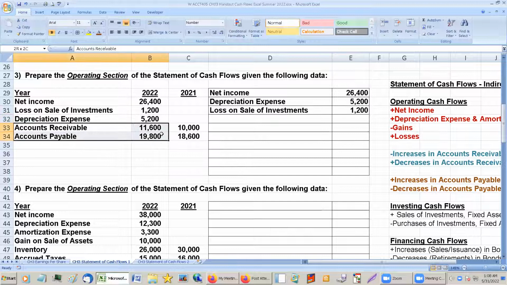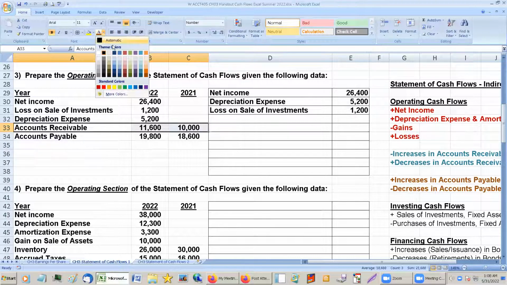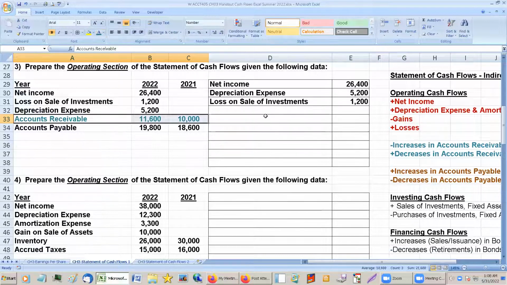All right, now we have these two. So accounts receivable, that's an asset. It went from 10,000 to 11,600, so it increased.